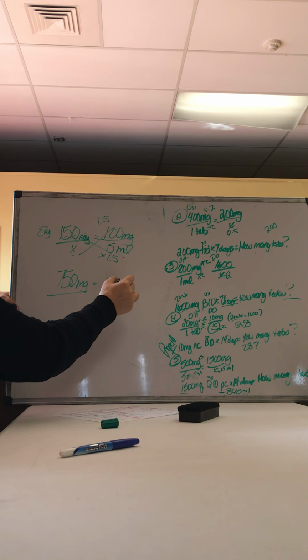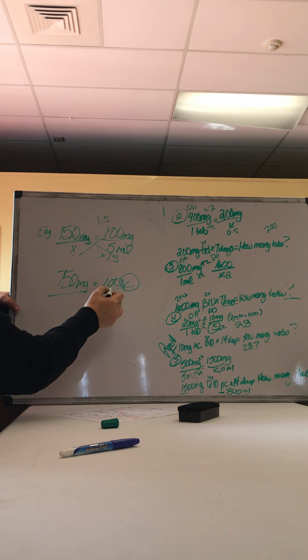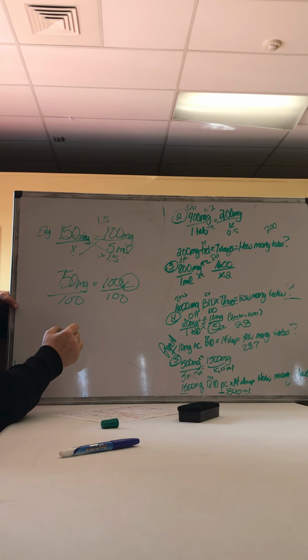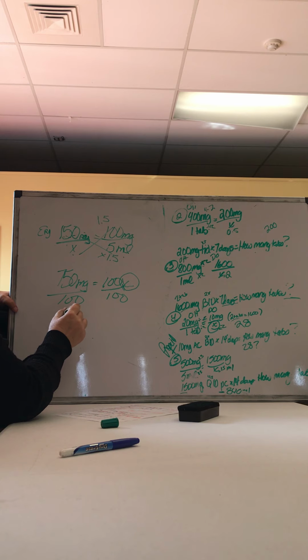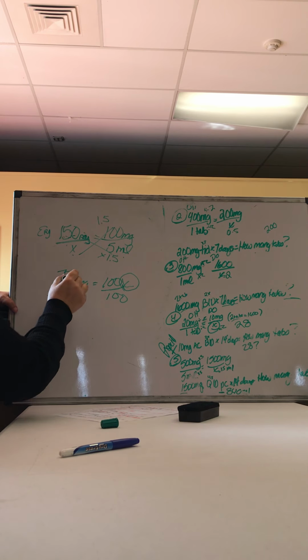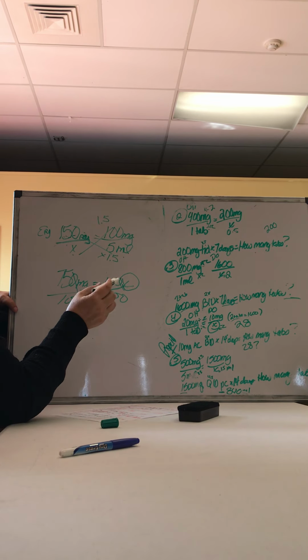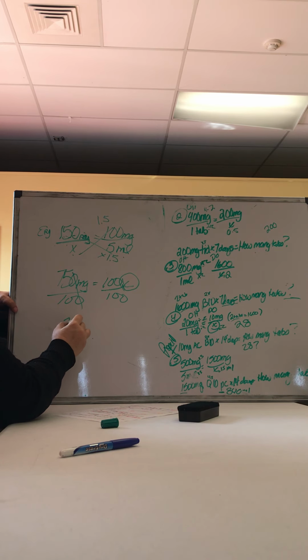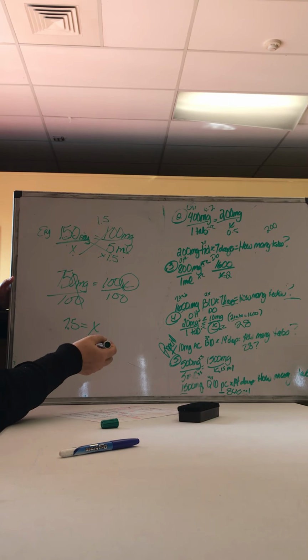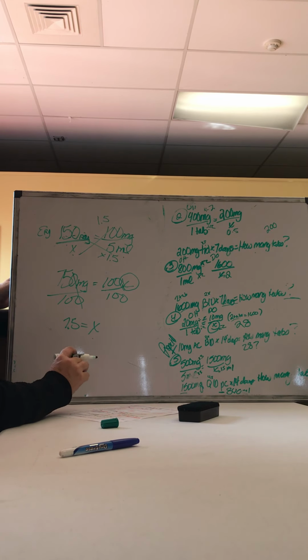So we've got to get the x by itself, so we have to divide. 750 divided by 100 equals, you might just cross out, but 7.5. Use your calculator. 7.5 equals X.